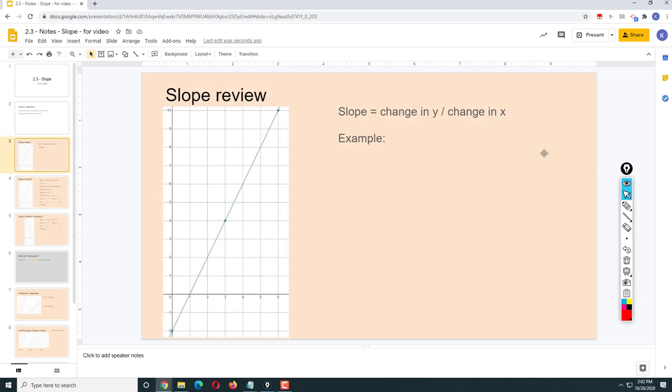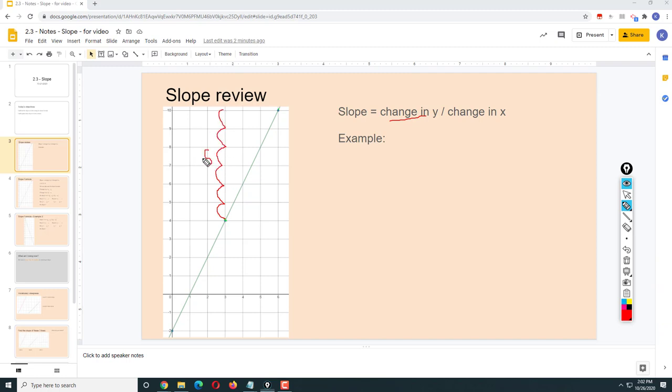So remember from last time, we figured out that slope is change in y over change in x. For this one, we can take any 2 points. Let's say that we choose this point and this point. Then the change in y would be 1, 2, 3, 4, 5, 6.